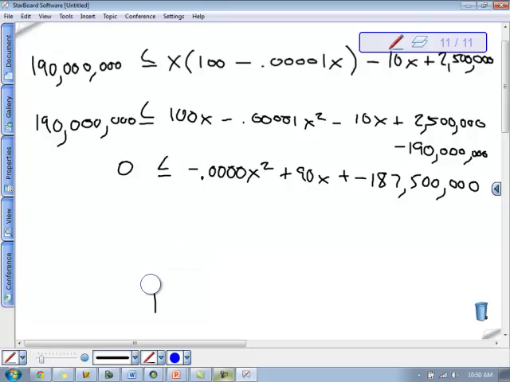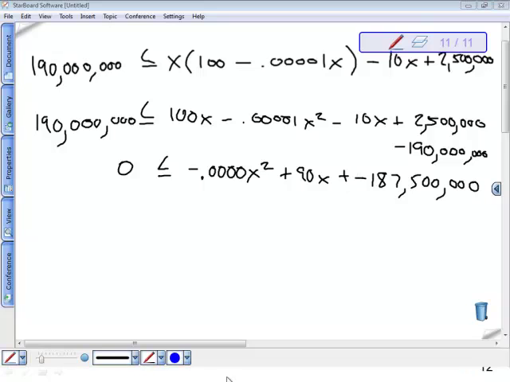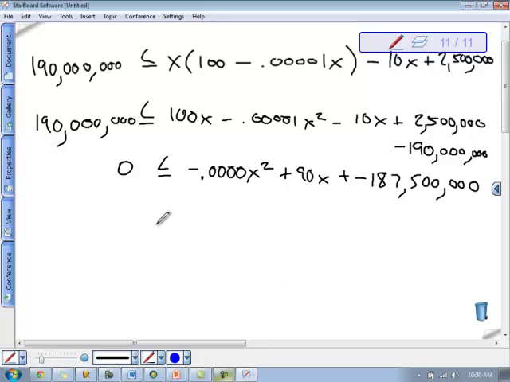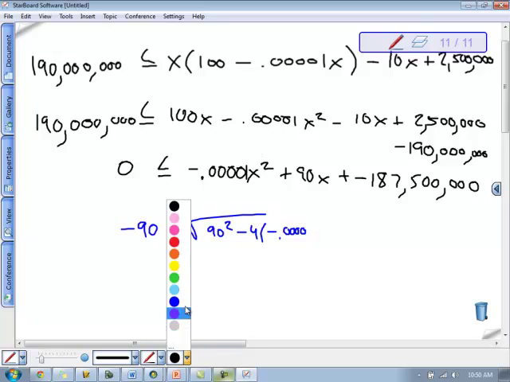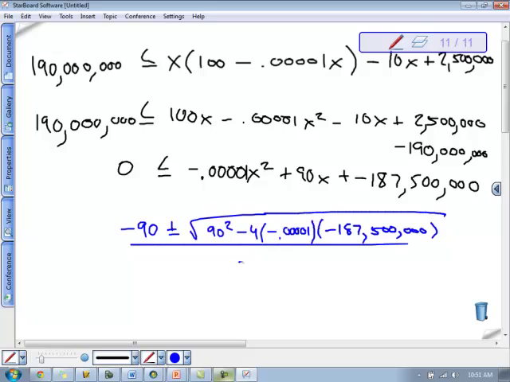So let's go ahead and use the quadratic formula to find our zeros and make a sign chart. I guess we could graph it as well, but let's try to use the quadratic formula. All right, so opposite of b, plus or minus square root of b squared minus 4 times a times c, all over 2a.